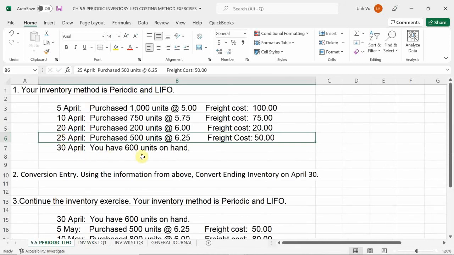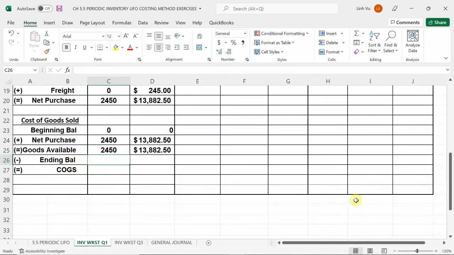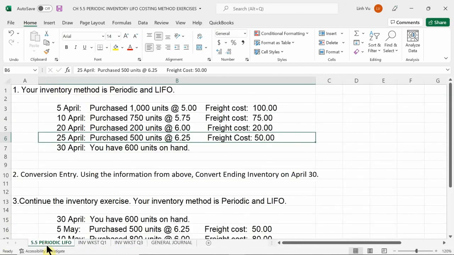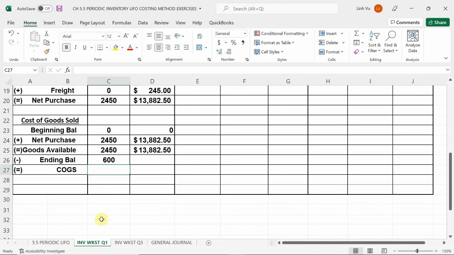Okay? So again, when we reach the end of our accounting period, we said that you had a total of 600 units on hand. So that means I have 600 units left, right? So in this case, how do I calculate what my cost of goods sold is in quantity?